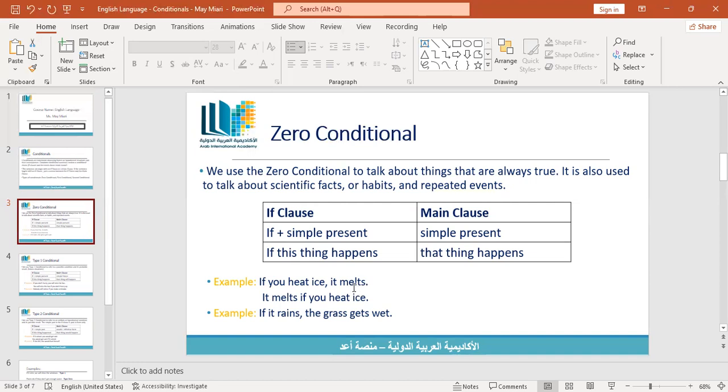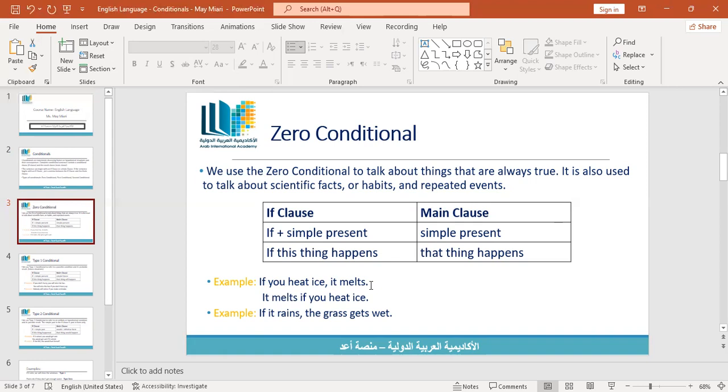But in this clause, we added s to the verb melt, so it becomes melts, since we have a subject, which is it. So melts refers to the subject it, and the word heat refers to the subject you.